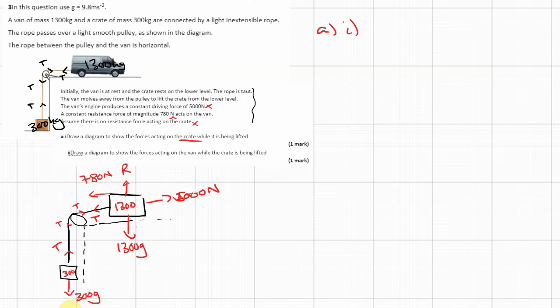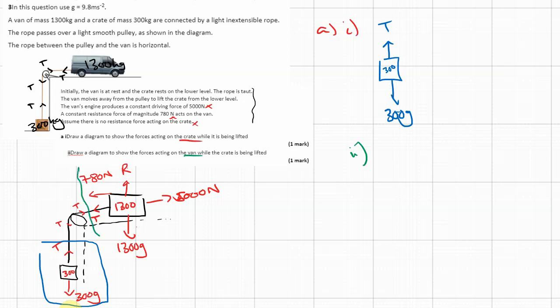So forces on the crate, we just need to take this bit and just draw it out again. You don't even need to put the mass in the middle, to be honest. You can just get away with doing 300 G and tension. That is it. And then when we get on to the van, there's a bit more on this one, you just need to take what you've got pretty much directly affecting the van.